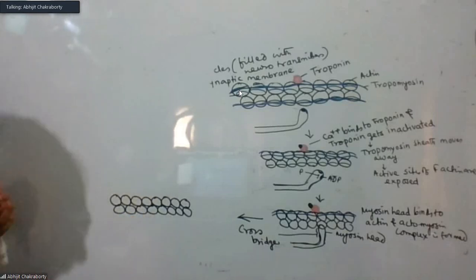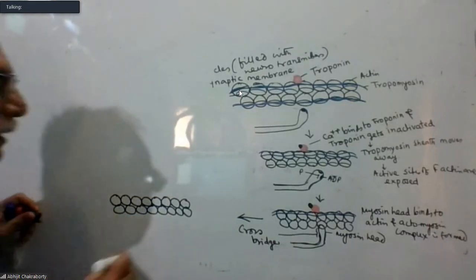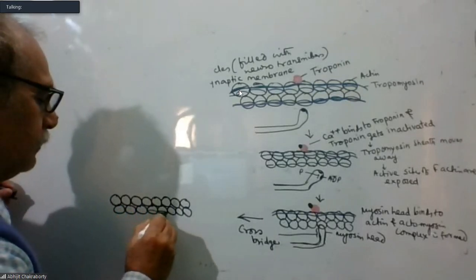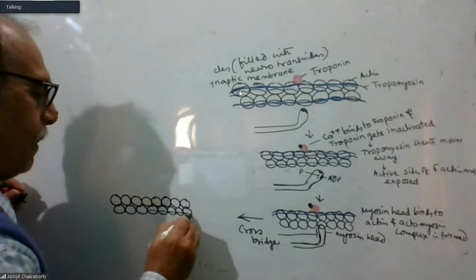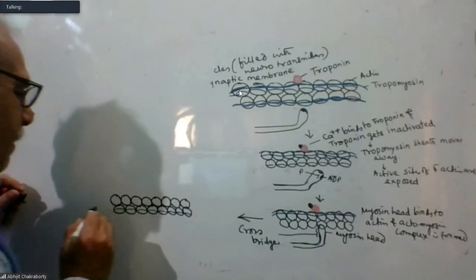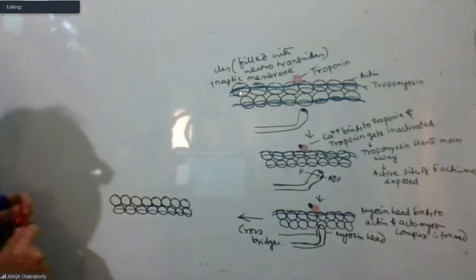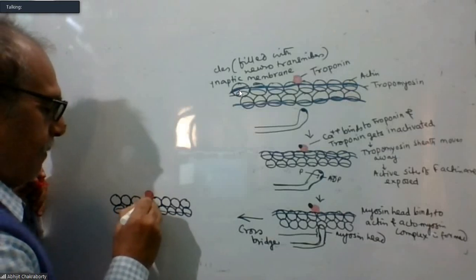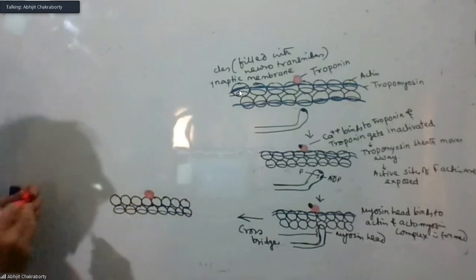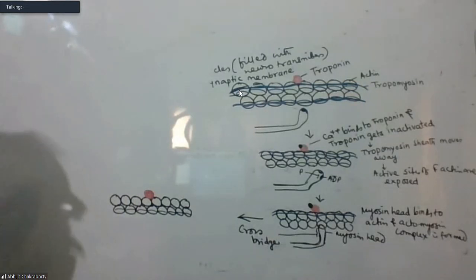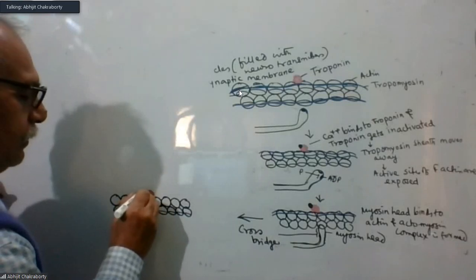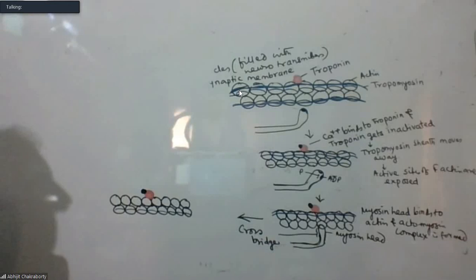So what happens? This is the troponin protein. Calcium ion is attached to it. Then what happens?